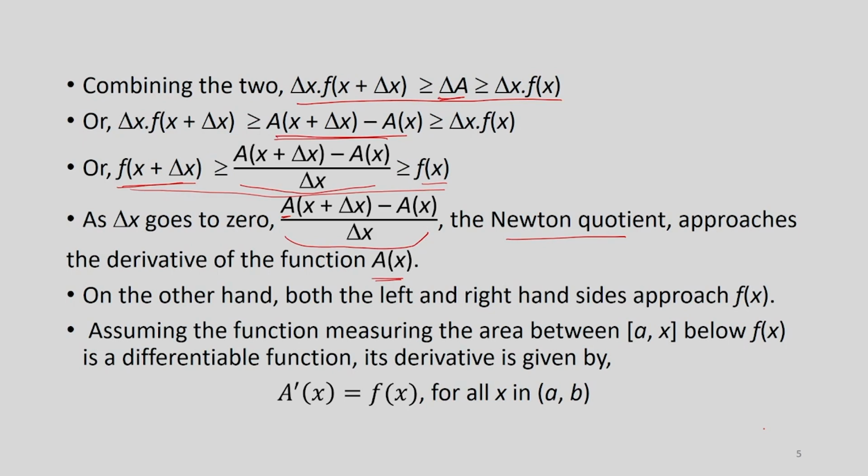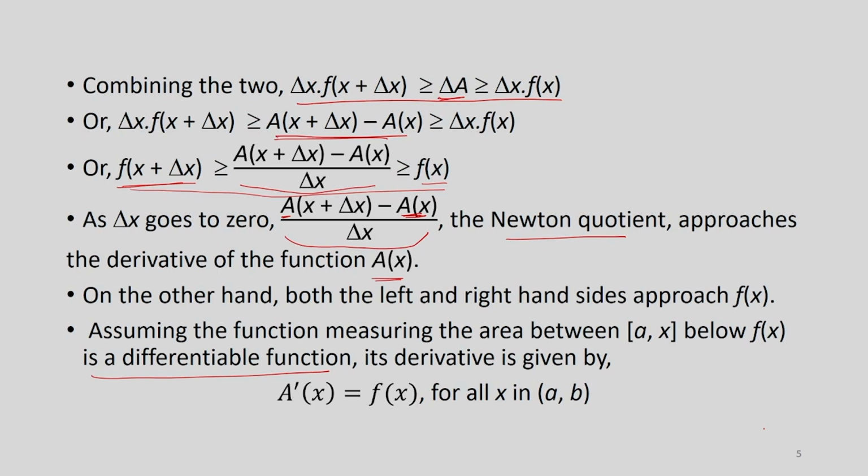And so, assuming the function measuring the area between a and x below f(x) is a differentiable function. That is important. I have to assume that A(x) is a differentiable function, otherwise I cannot take the derivative of it.